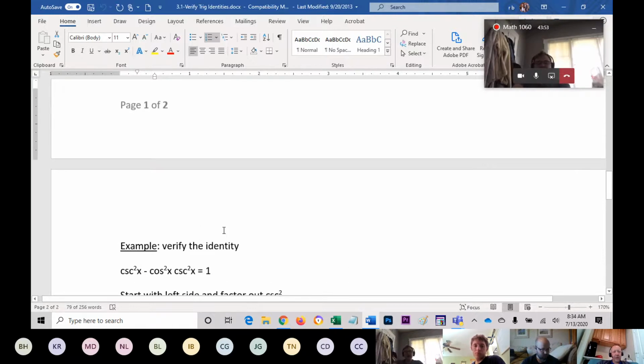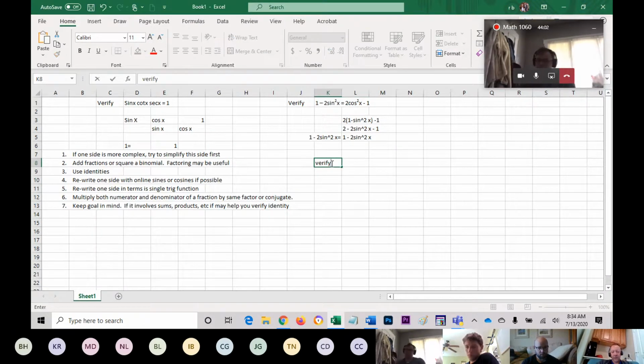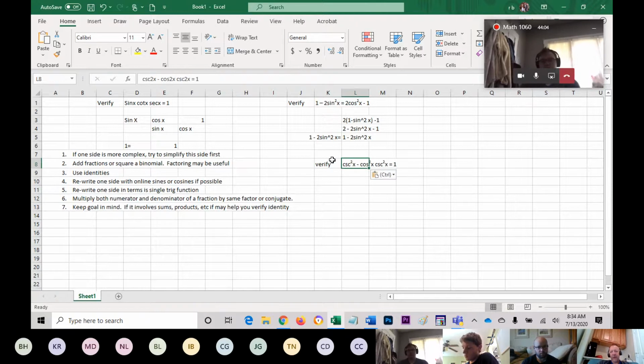Okay, so whoops. Here we're going to verify this. We're going to verify cosecant squared of x minus cosine squared of x times cosecant squared of x equals 1.